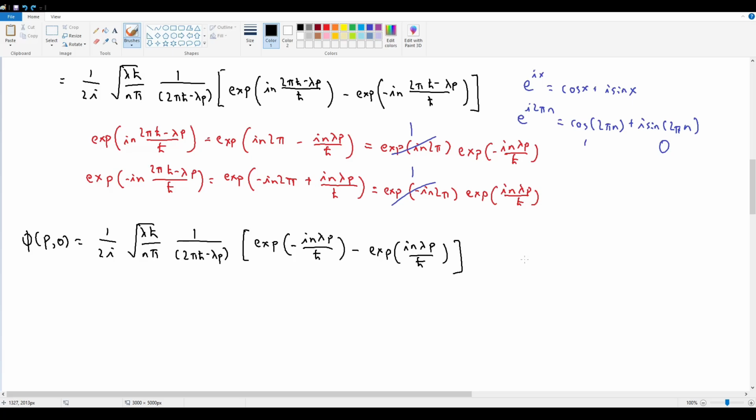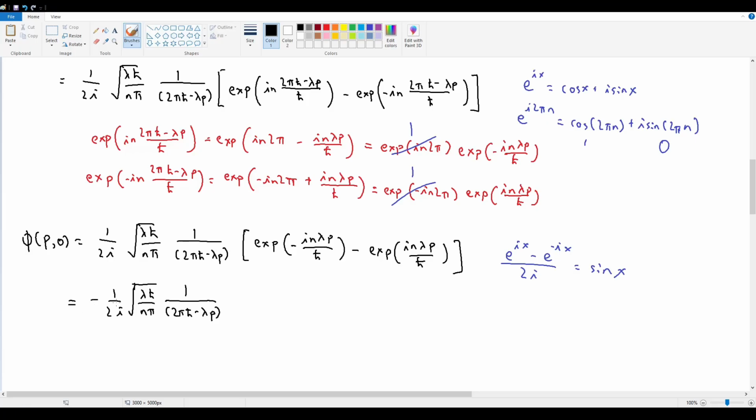I can somehow convert this into a sine expression, because I know that also from Euler's identity, e to the i x minus e to the negative i x divided by 2i is equal to sine of x, right? So in that case, let's rearrange this and get the positive at the front. So if I add a negative at the front here, and pi divided by, or times 1 over 2 pi h bar minus lambda p.